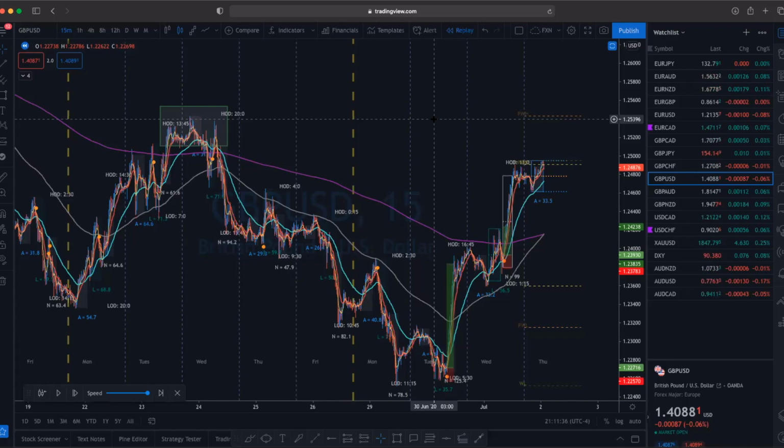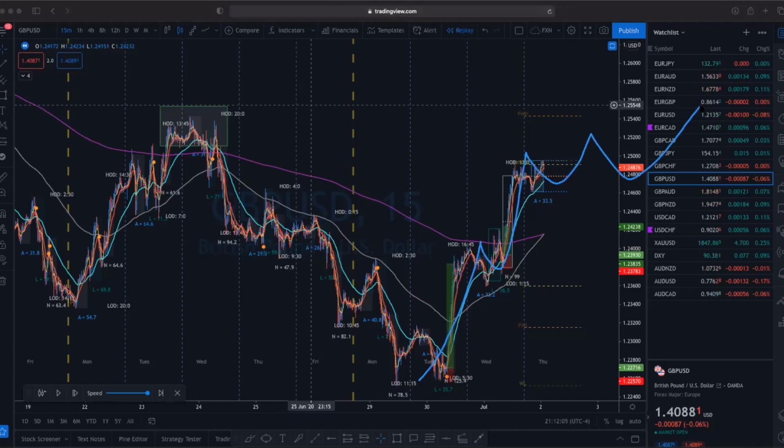But here's the thing you have to start to consider. If you're in a trending cycle, which clearly this is, what needs to happen in a trending higher cycle? A pullback to go back higher. Right, you need a pullback.